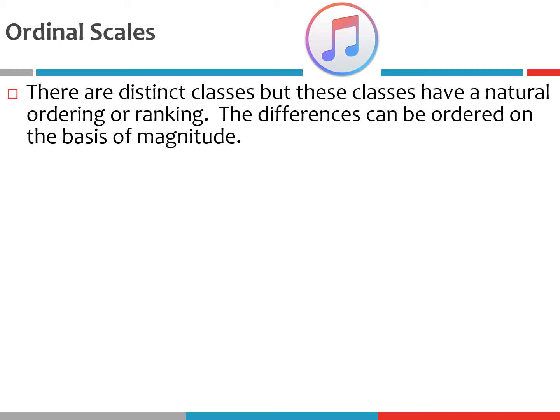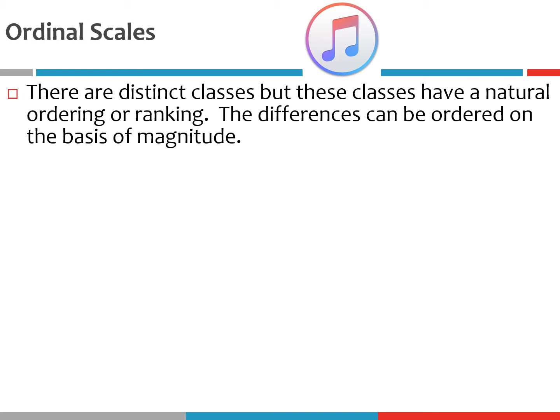I personally listen to iTunes or Apple Music, and every day or every week or something like that, they always have a top 10 playlist, right? And the way that they determine the songs that are on this top 10 playlist is by the number of downloads, right?